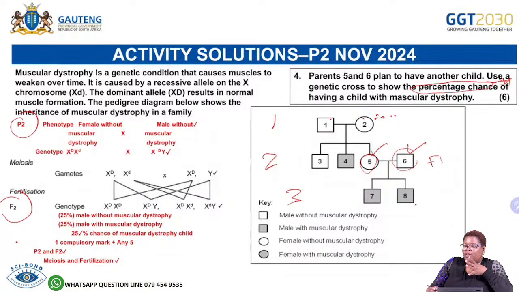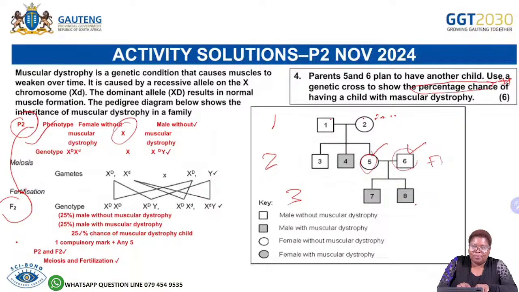So immediately when you do a genetic cross, know that you're going to get those free marks. When I talk about the free marks, you need to indicate the P2 or P1, F2 or F1. So you get that 1 mark. All right. From this question, it says a female without muscular dystrophy marries a male without muscular dystrophy. Hence, we have this cross to show that the female is getting married to a male.